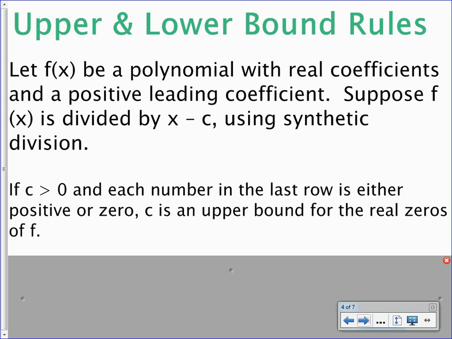Okay, so if you try a positive c, you're testing a positive 0. If all of the numbers in that last row are positive or 0, 0 is fine, okay, then we have an upper bound. Don't try any zeros above that number. They're not going to work. That's what it means.